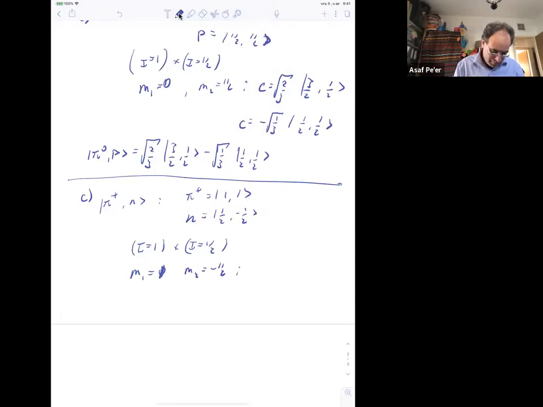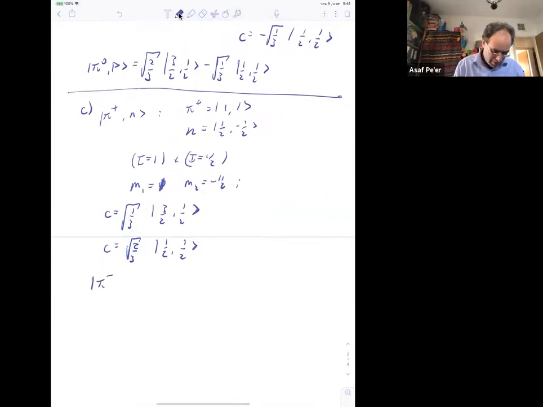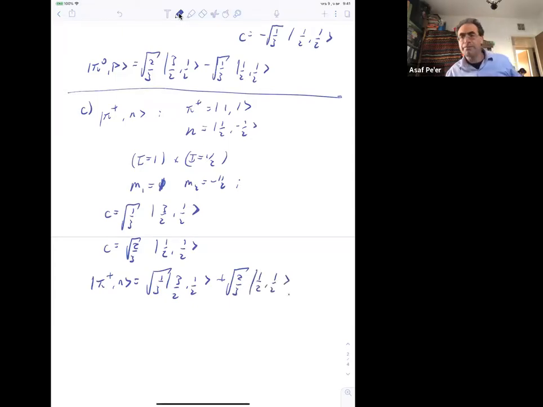We have C is square root of 1/3, which multiplies the 3/2 and 1/2. And then we have C equal to square root of 2/3, which multiplies the 1/2 and 1/2. So overall, we have the pi plus and n, that is square root of 1/3, 3/2 and 1/2, plus square root of 2/3, 1/2, 1/2.